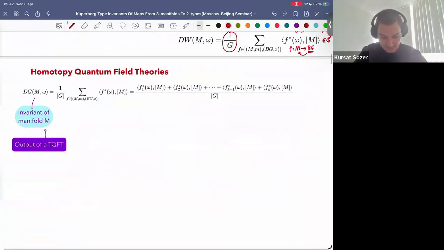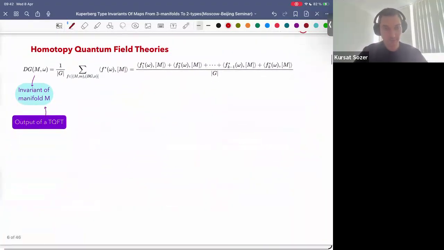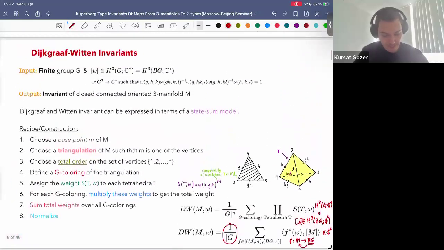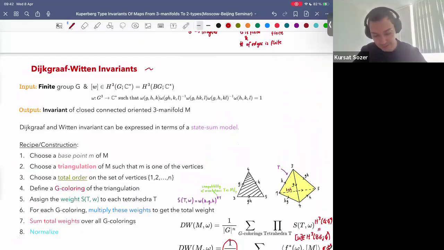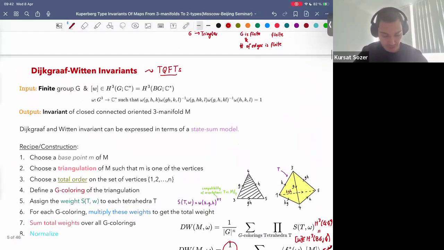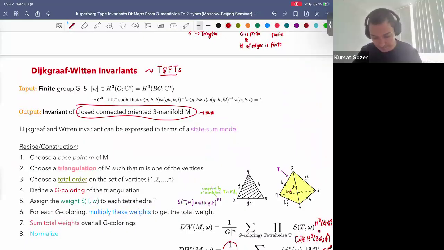Okay. The next thing is what I work on from this point of view. This invariant in fact leads to what is known as TQFTs, topological quantum field theories. What do I mean by that? For any closed oriented three-manifold, we get a number, or more precisely a numerical invariant.